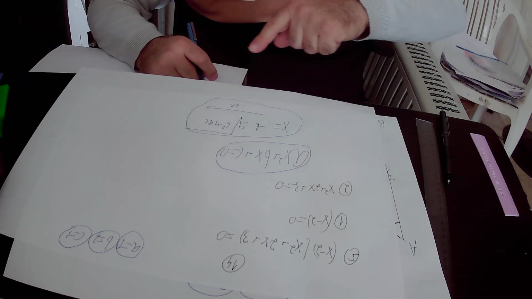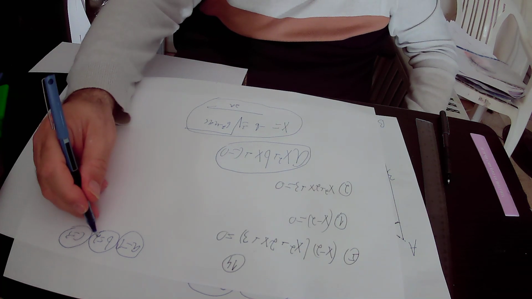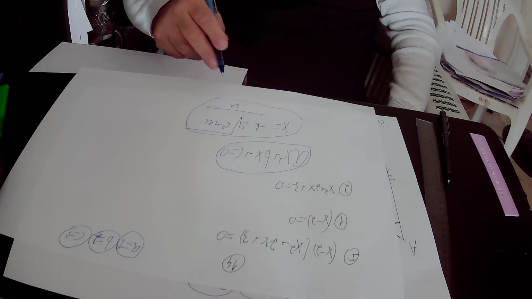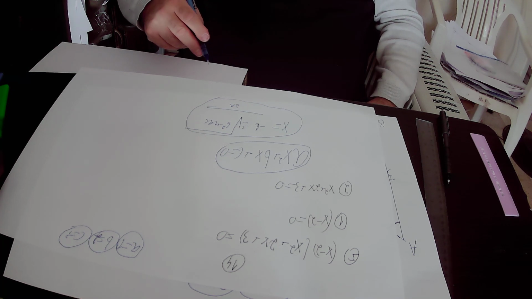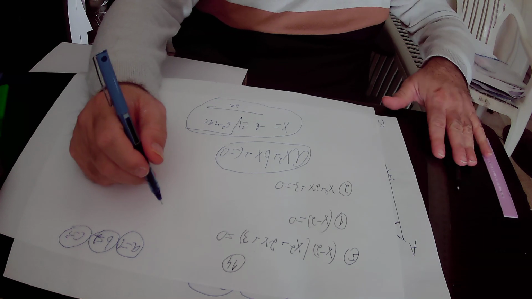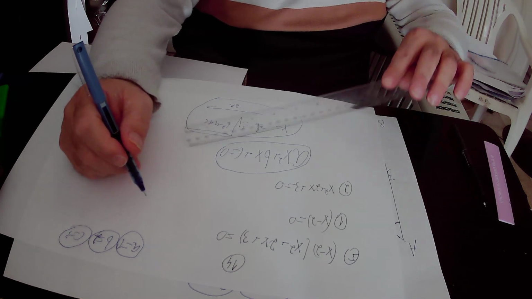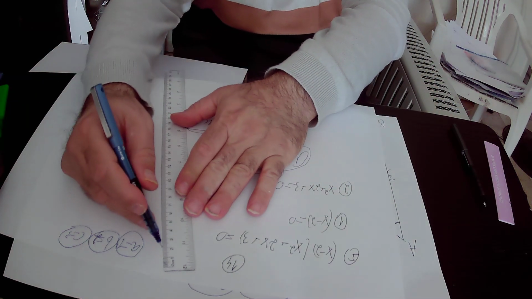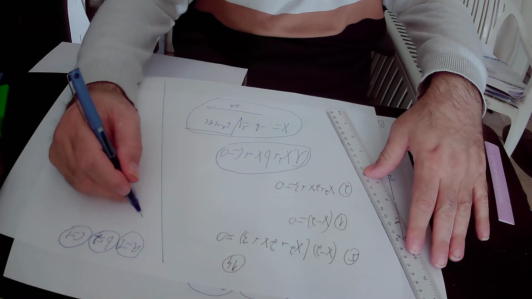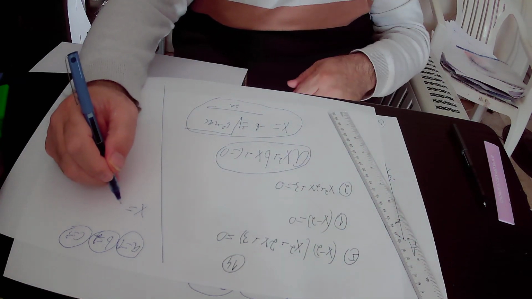So we will put the data inside this formula in order to find out the value of x. So here, according to the formula, x equals to minus b.